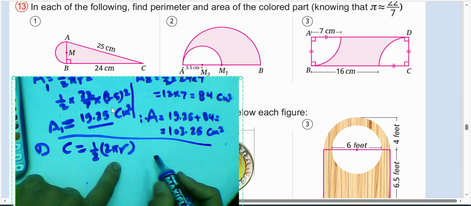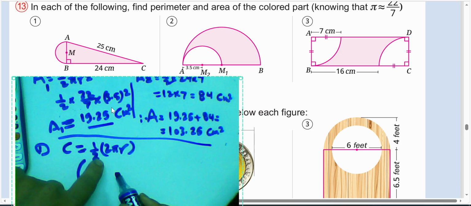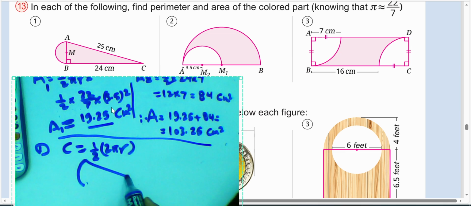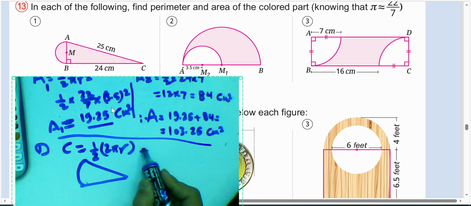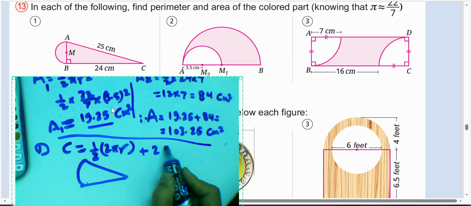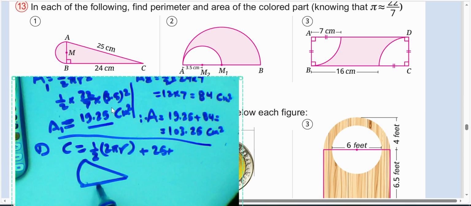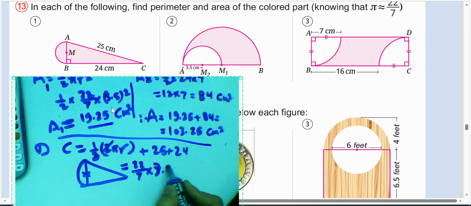This curve is half times 2πr, plus this line segment, plus this line segment, plus the line segment here 25, plus this line segment 24. Because the circumference is the outer sides. Then the halves cancel. Pi equals 22 over 7, times the radius. The radius will be 3.5.